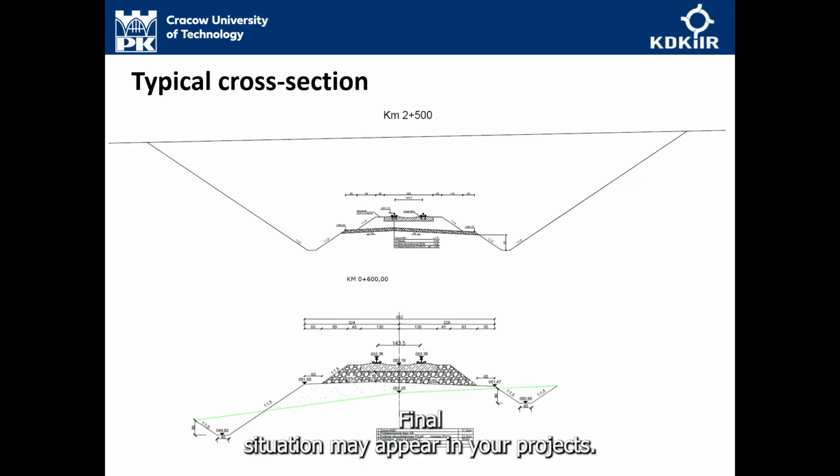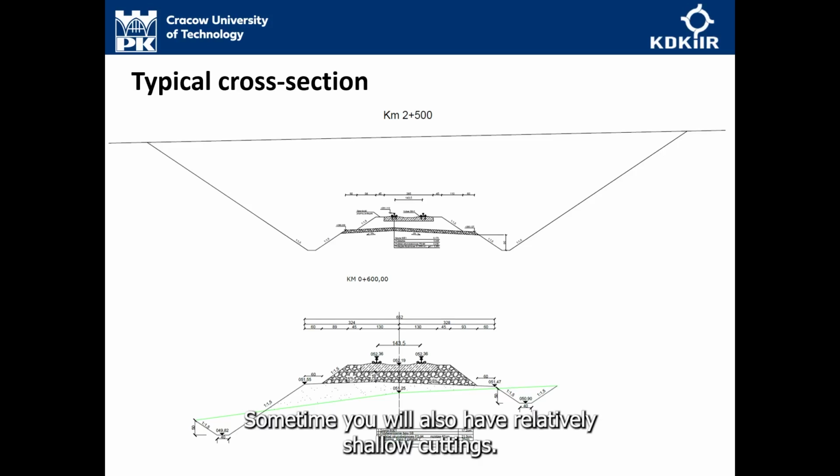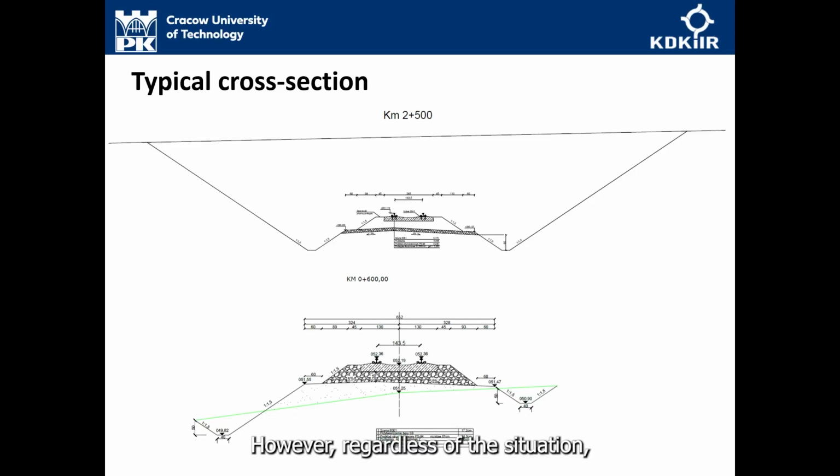Various situations may appear in your projects. Some of them will be deep cuttings, as you can see in these drawings. Sometimes you will also have relatively shallow cuttings. However, regardless of the situation, the starting point once again is, of course, the typical cross-section.